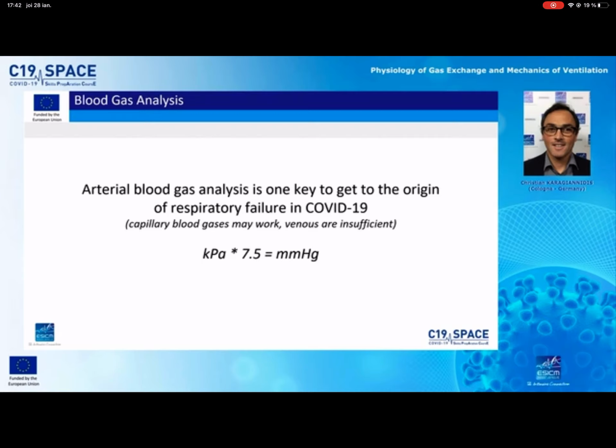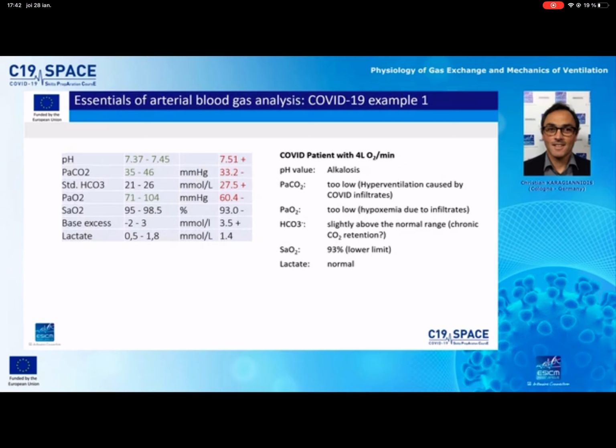The formula to translate kilopascal into millimeters of mercury, by the way, is kilopascal times 7.5. And to get to the blood gas analysis, let me show you 4 patients with COVID-19.